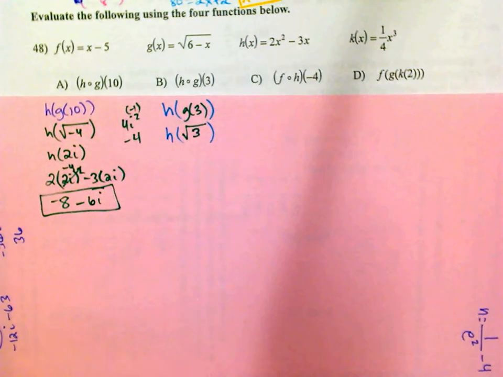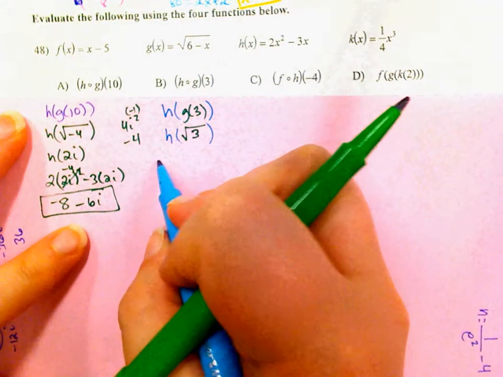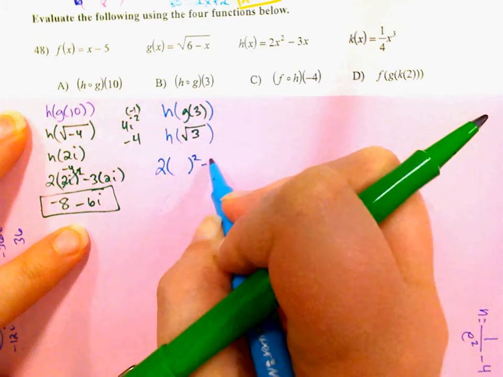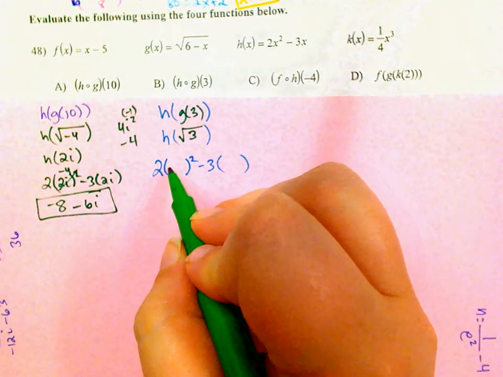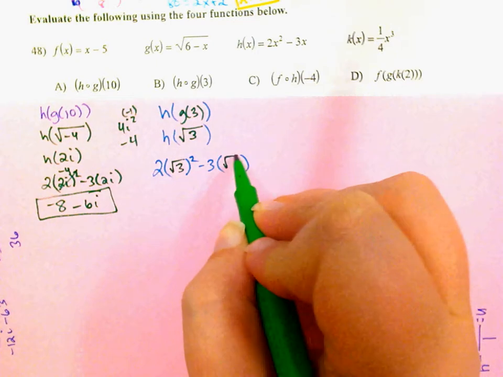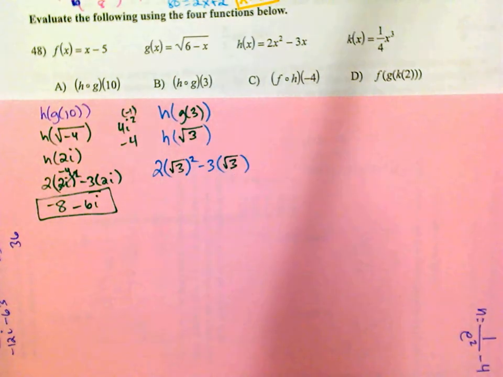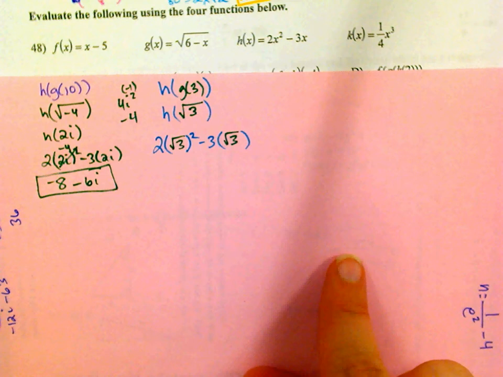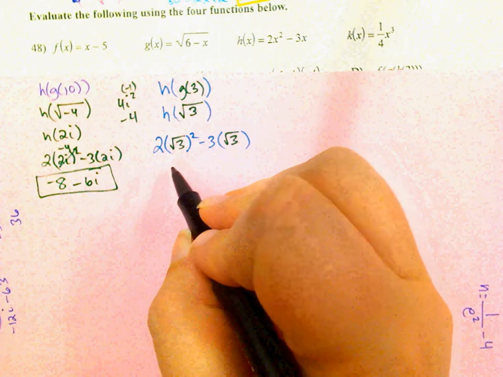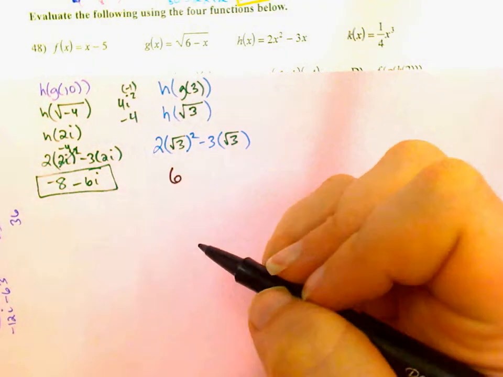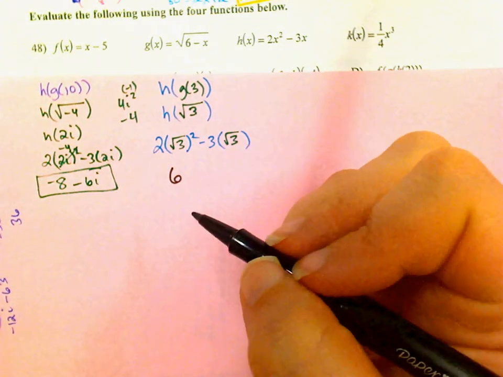So again, h is 2 times something squared minus 3 times something. And that something is what? The square root of 3. What's the square root of 3 squared? Three. What's 3 times 2? 6. Can you do anything with 3 times the square root of 3? So it's just minus 3 square roots of 3.